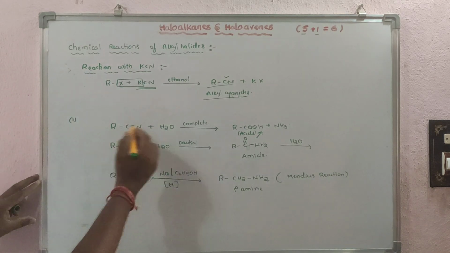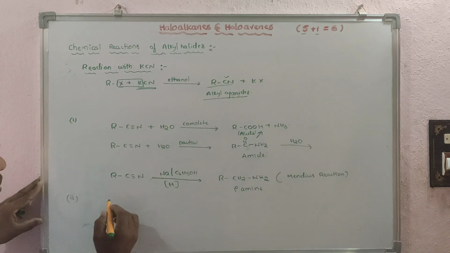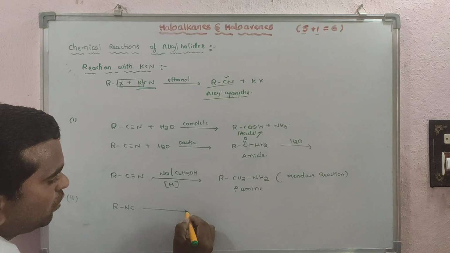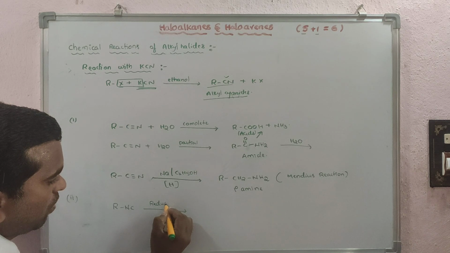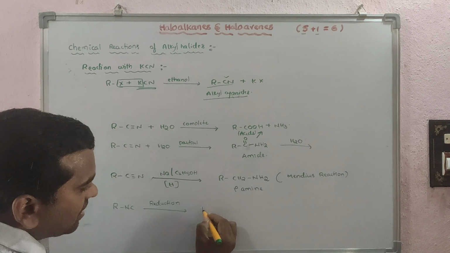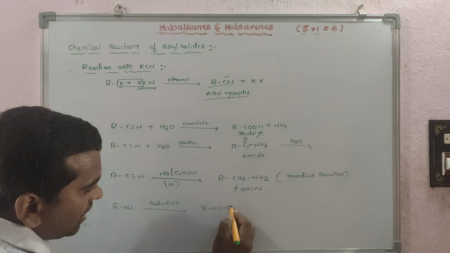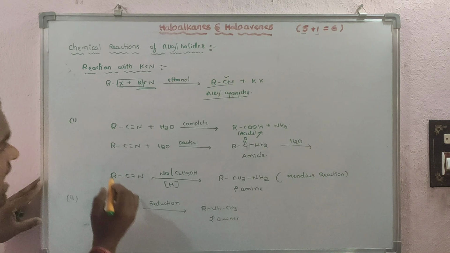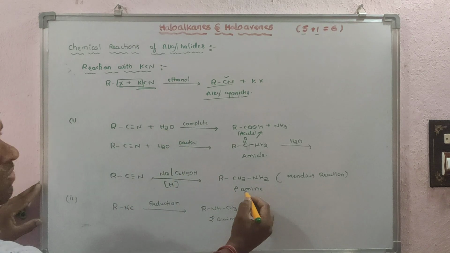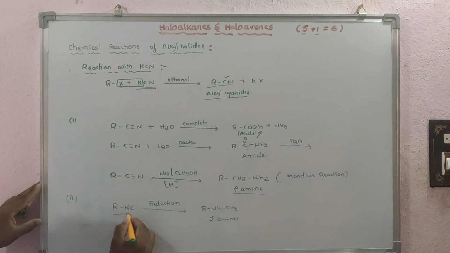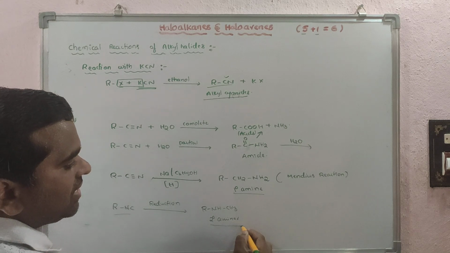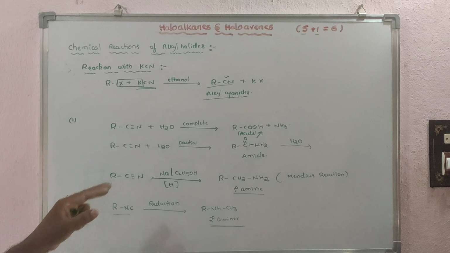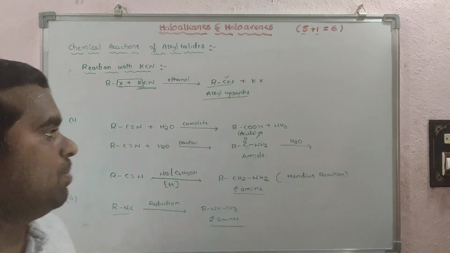Clear? In the same way, this is cyanide. If you take the isocyanide, what is the formula? NC. If you do the reduction, you will get secondary amines. Cyanide reduction gives primary amines, and isocyanide reduction gives secondary amines. Clear? These are important conversions which we will use in organic chemistry.